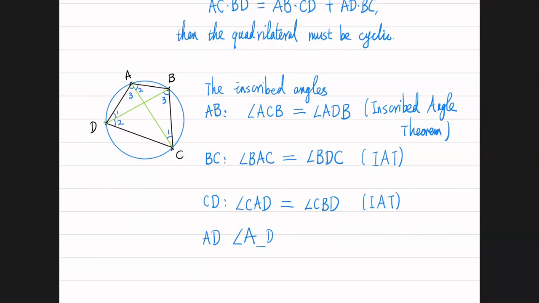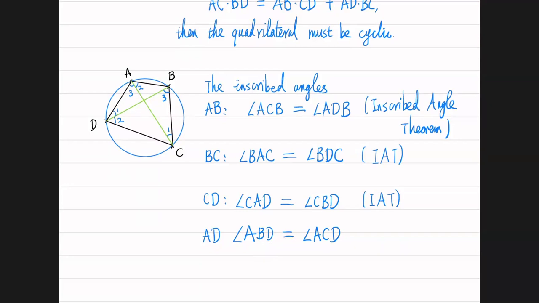A, B, D, I think. ABD. What's another one? Okay, and then the other one is ACD. Again, I claim they are the same. Can you tell me why?